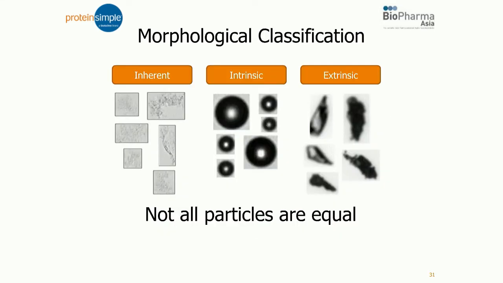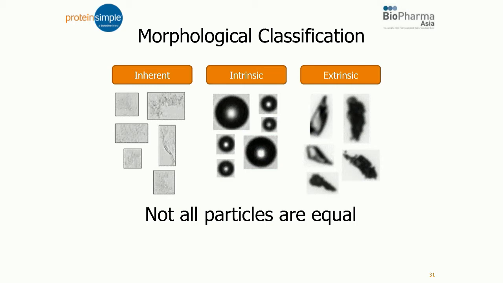As Dr. Tiegeson also mentioned, classifying these different particles is very important because it gives you good insight into the source of the particle and then the risk that this may present to a patient or whoever's consuming the product.